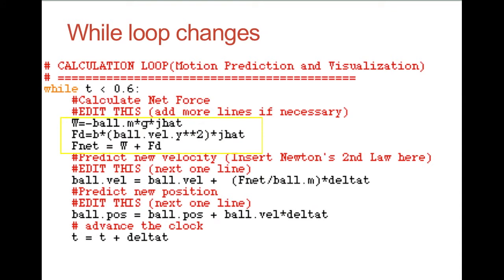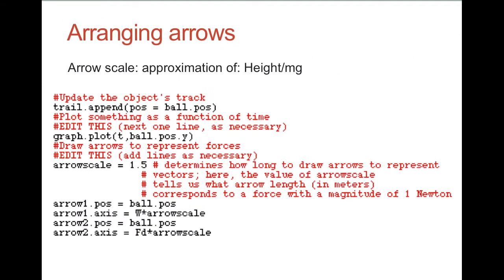Since the drag force was taken into account, such had to be modified into the while loop, where the net force was now going to be equal to the weight, or gravitational force, plus the drag force, calculated using the value of b and proportional to the speed squared of the falling apple. Finally, arrows were arranged in the code in order for them to appear.